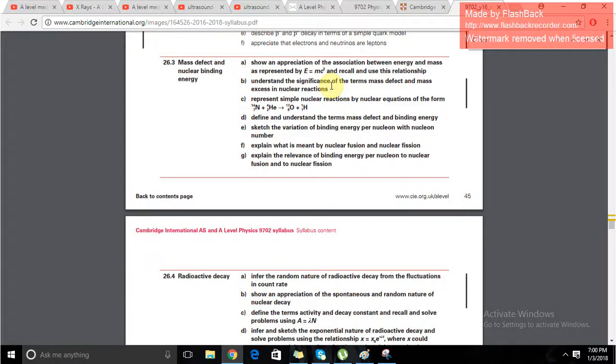Now, what is nuclear binding energy? Well, it is formally defined as the amount of energy needed to separate out all of the nucleons, or basically the amount of energy needed to dismantle a particular nucleus.